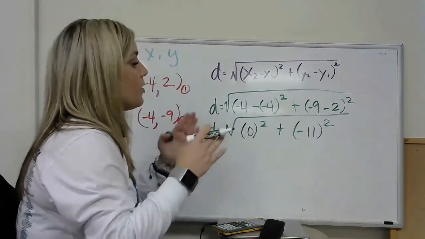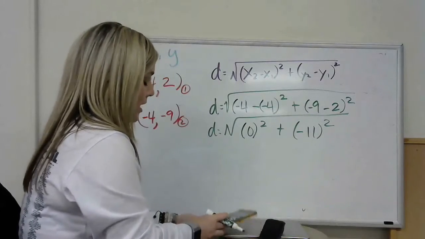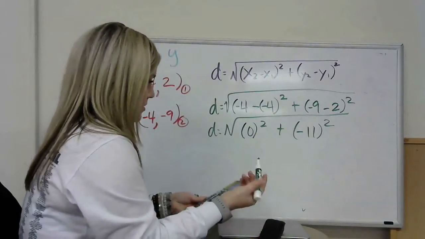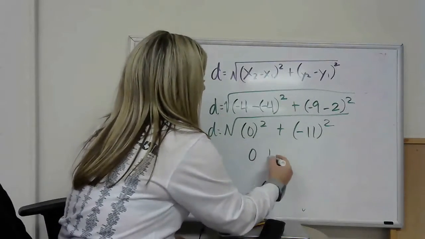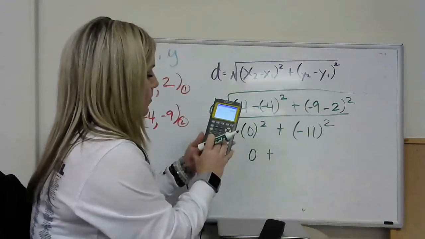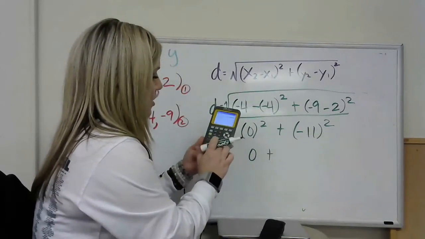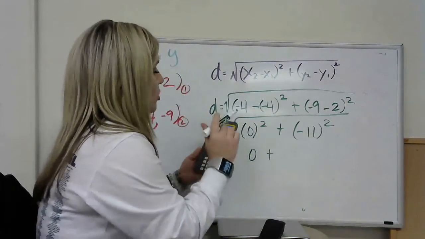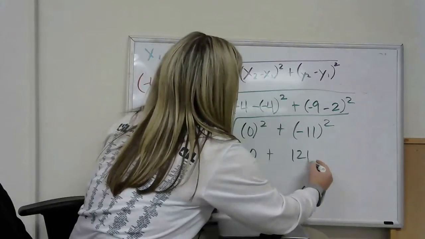So we know 0 squared, if you put it in your calculator, you're going to get 0. So now we have 0 plus, and if you put open parentheses right here, -11, close parentheses, square it, you're getting 121, okay?